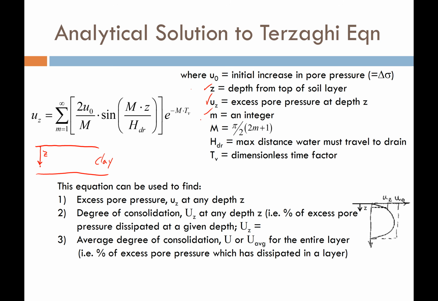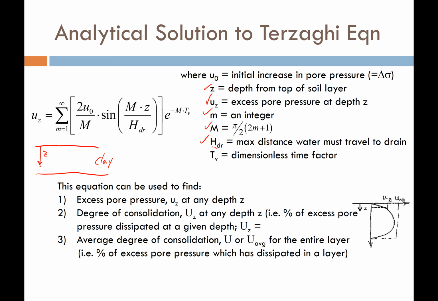m is an integer that we need to solve the equation. Big M is just a function of little m. We're going to talk more about this H_dr term. H_dr is the maximum distance that a drop of water would have to travel to get out of the clay layer. And we'll talk about that in a slide or so, so just hang on to that.